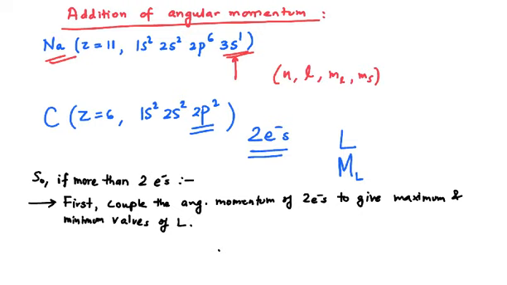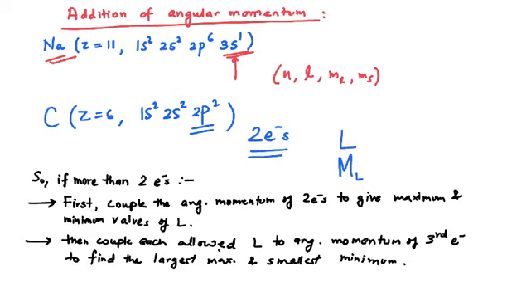So what if there are more than two electrons? First couple the angular momenta of two electrons to give the maximum and minimum value of L, and then couple each allowed L to the angular momentum of the third electron to find the largest maxima and smallest minima.